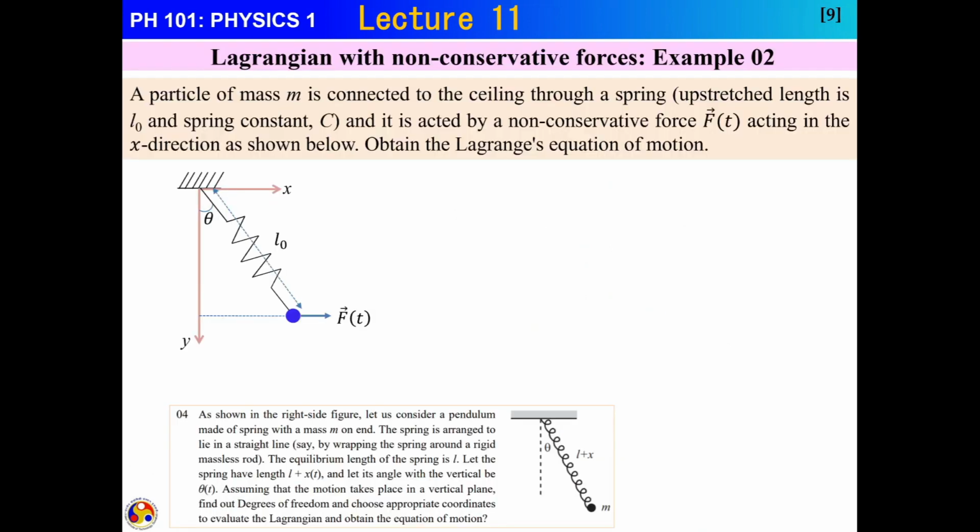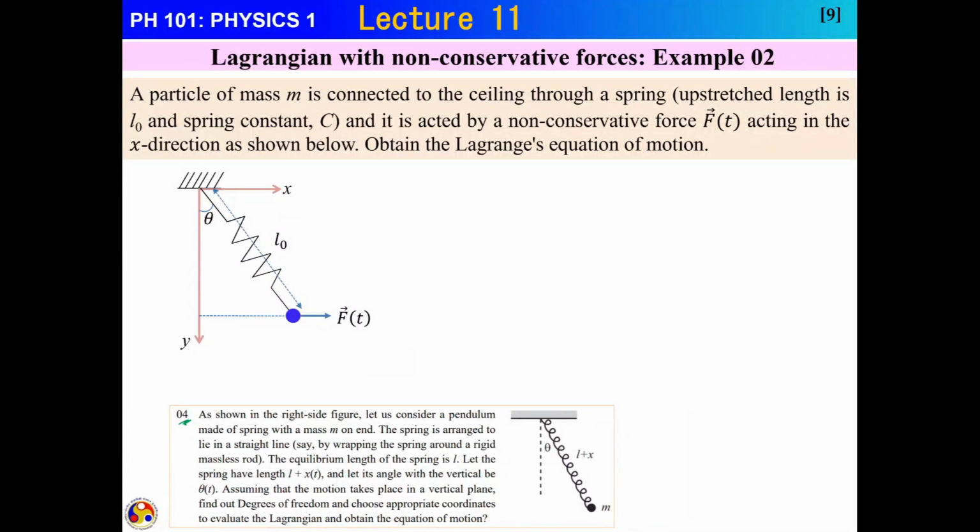Let us continue with another problem, which we have already solved in tutorial number 4. Problem number 4 is explained here. You have a spring pendulum where the mass m is attached to a spring which can expand with time, and we have done the Lagrangian equation for this system.